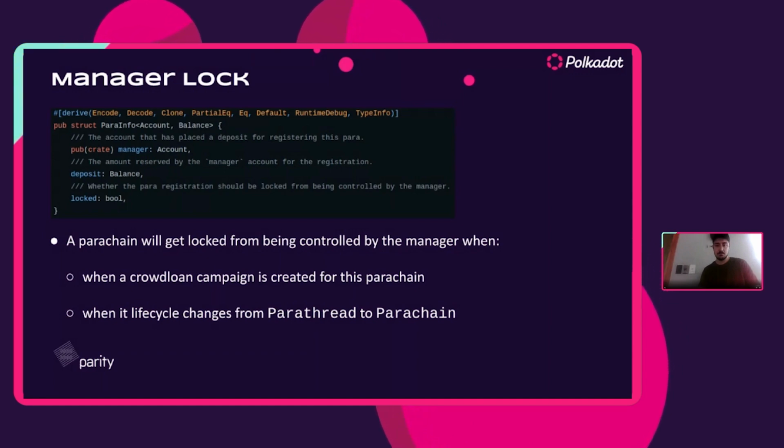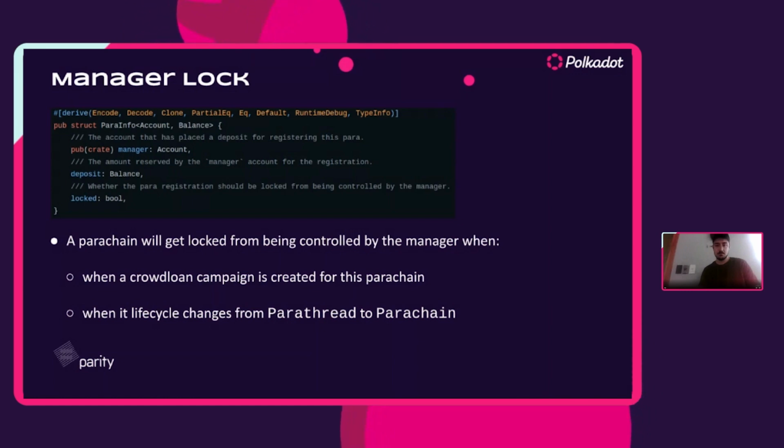Basically, when a parachain creates a crowdloan campaign for itself to fund itself to be able to bid for a certain slot for certain lease periods, then the configuration of this parachain, the validation function and the state head, will get locked.